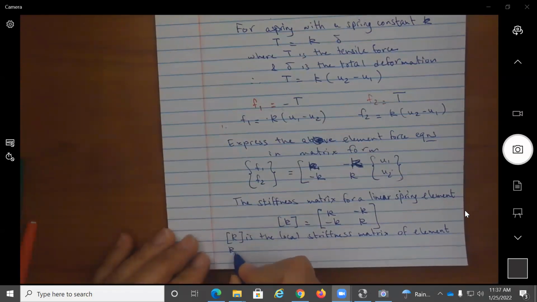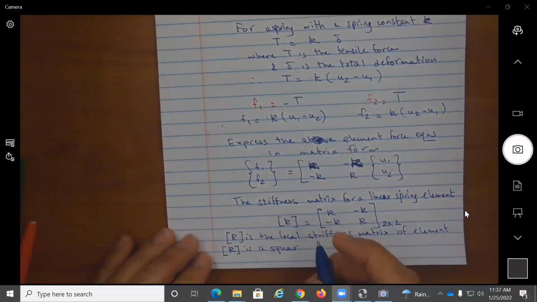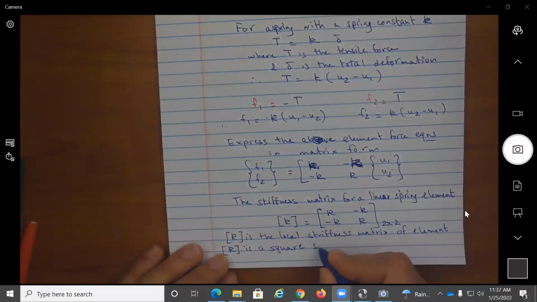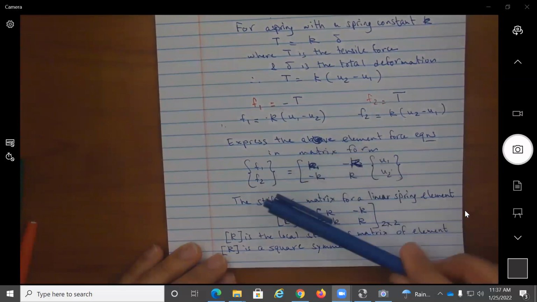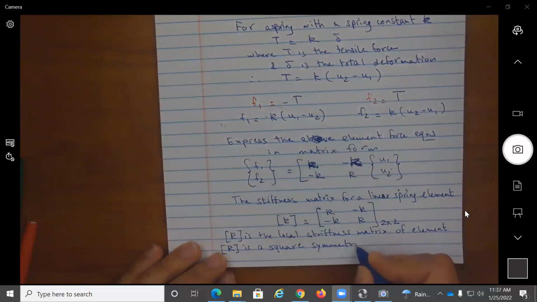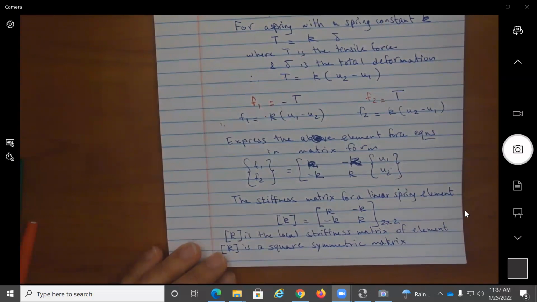Now, this K is a square 2 by 2 symmetric matrix. See the diagonal, and I have minus K and minus K. So it's a square symmetric matrix. And it is singular.